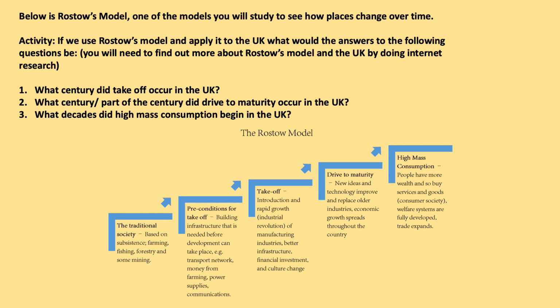Well, it'll impact on where people live, whether they live in rural areas, which is in traditional society, or urban areas. If it's a country at the high mass consumption stage, it'll indicate something about the wealth of that nation, how developed that nation is, and so on. He's just one such modeller that helps geographers understand how places change and the impact it would have, and therefore can be used as a predictive tool as well.